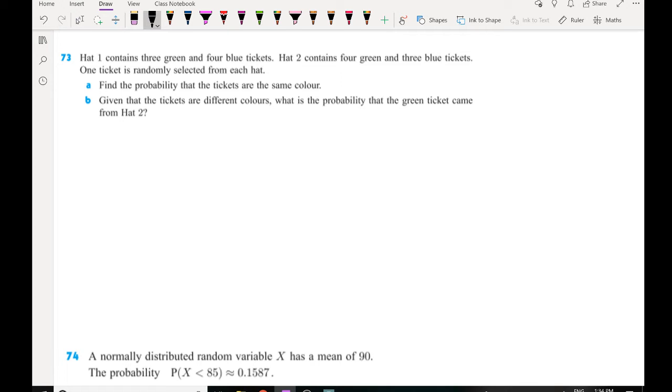I'm assuming there's an even chance of, one ticket is randomly selected from each hat. Gotcha. Okay, so we pick from hat 1 first, and we either get green or blue. So this is hat 1. And then we pick from hat 2, where we can again get green or blue.